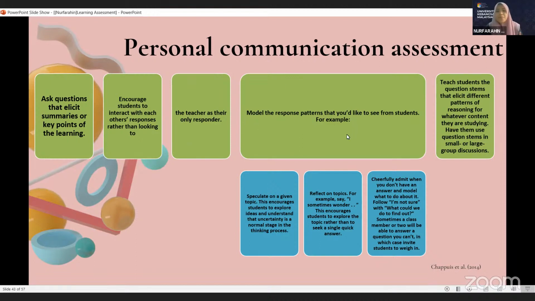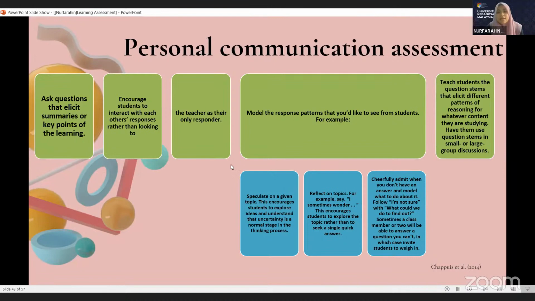For example, you teach the students how to identify certain patterns of reasoning or thought arrangement, so that they can effectively deliver what they understand about a certain topic.